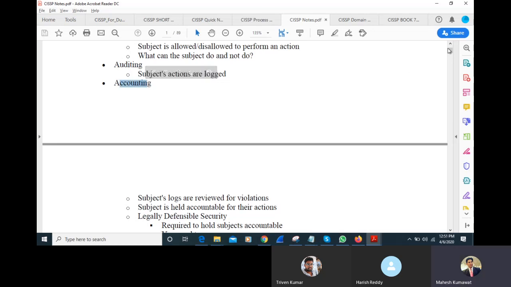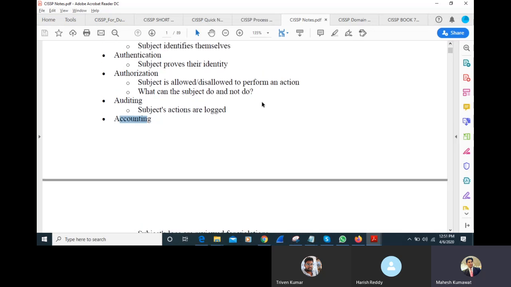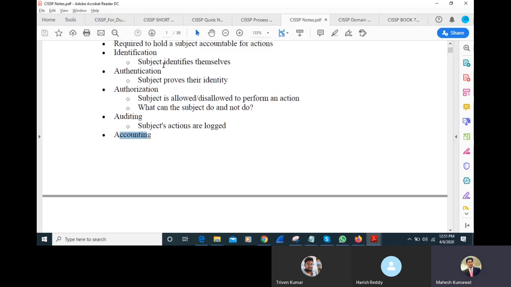And what type of access you have, whether you are authorized to do the same or not, tells about the authorization. Once you log in to a server from different protocols or different ways, this is authentication. And how do you log in? First of all, you require identification.